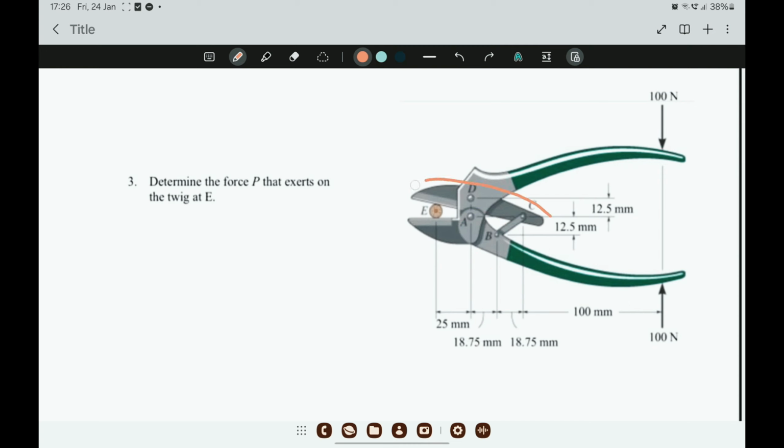Second section is this one. Why do we choose this one and this one? Because of the connector BC, they connect section 1 and section 2.